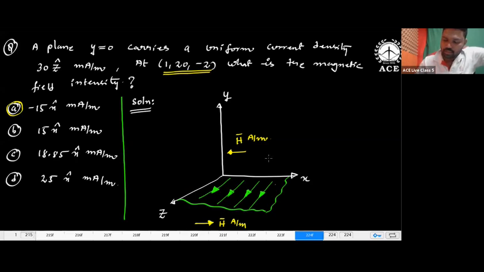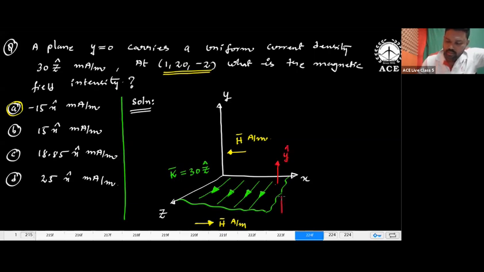What is the formula I have given? And what is the current here, beta? K. K is equal to 30 Z cap. And what is the normal to this one, beta? Normal to this one is Y cap.